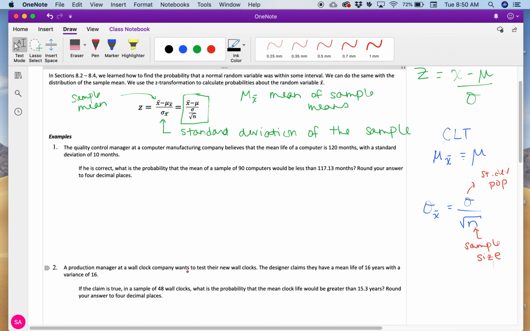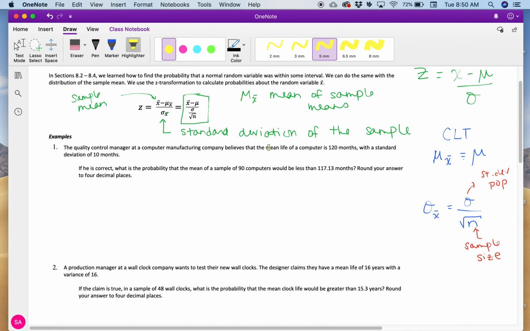The quality control manager at a computer manufacturing company believes that the mean life of a computer is 120 months. So I'm going to start writing down the information. Mean life of a computer is 120 months. That's my mean, so I'm going to put mu is equal to 120, with a standard deviation of 10 months.